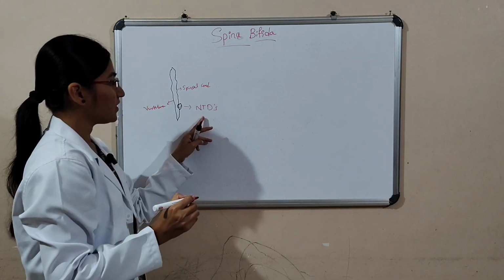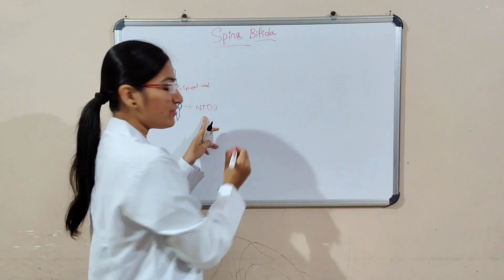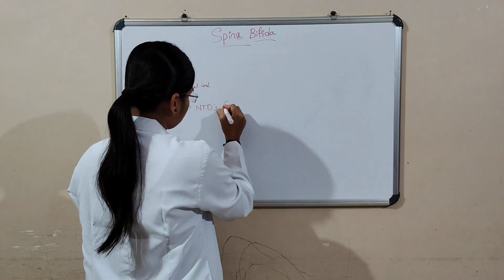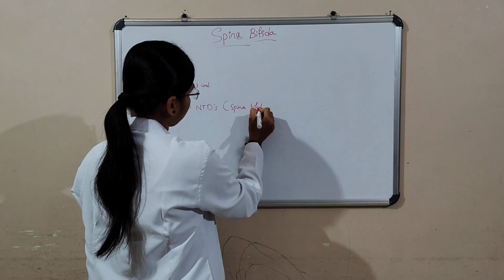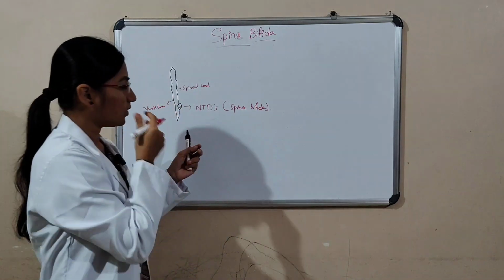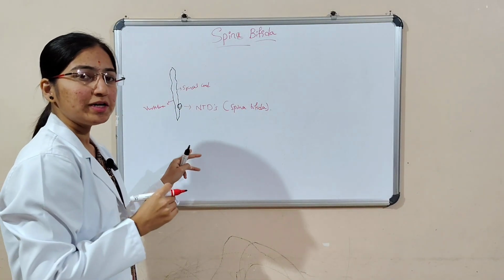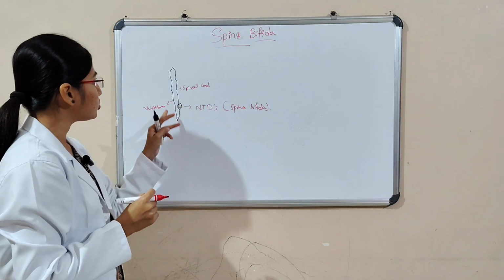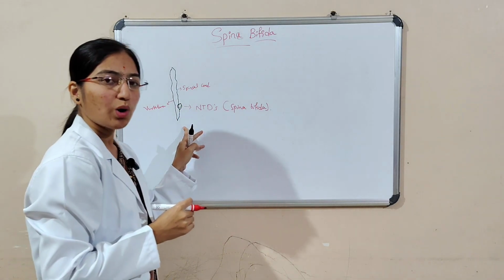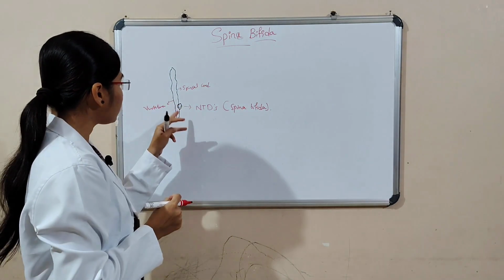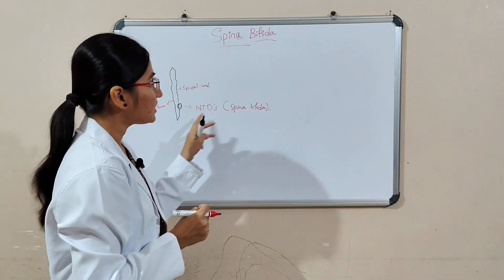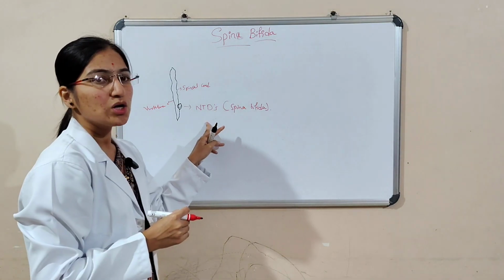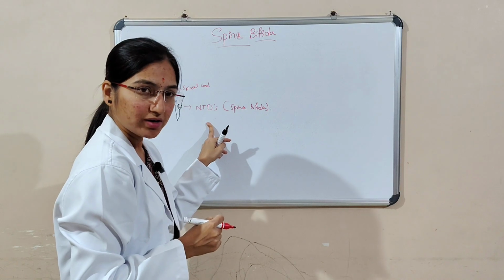Neural tube defect is nothing but Spina bifida. Here there will be incomplete closure of the vertebral column. Incomplete closure of the vertebral column is known as Spina bifida. That is a neural tube defect.